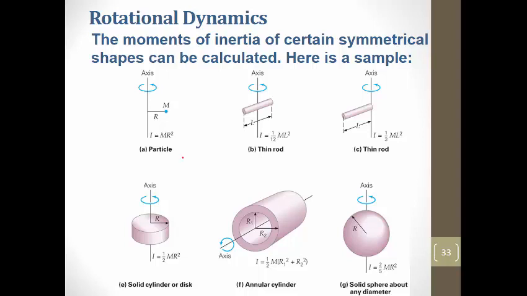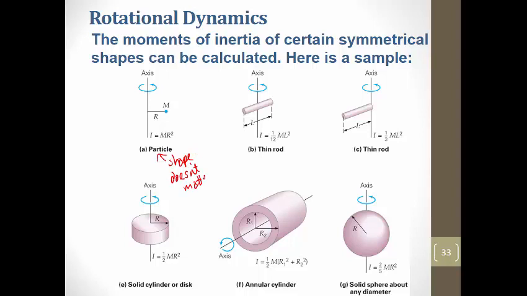And lucky us, the book has already provided us this table, which this is just a subset of, where for a particle means an object where the shape doesn't matter. So this could be a child sitting on a teeter-totter or a seesaw.